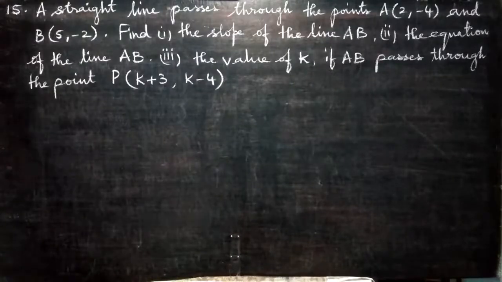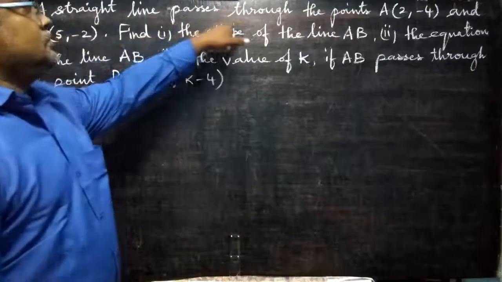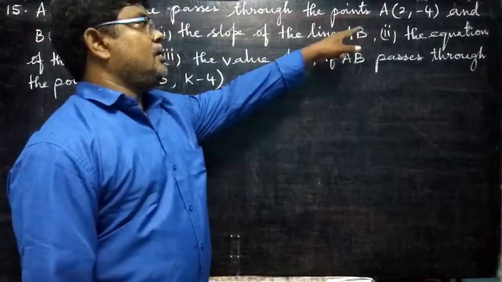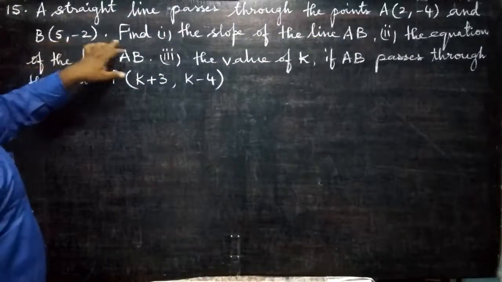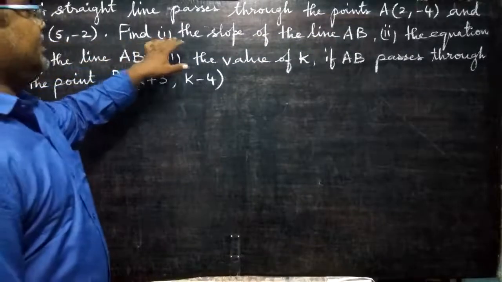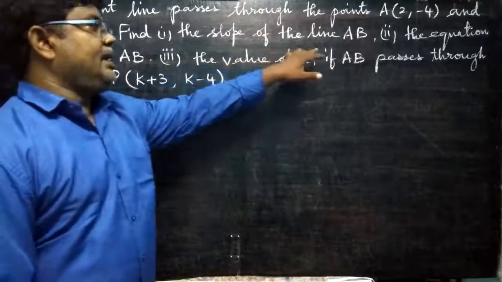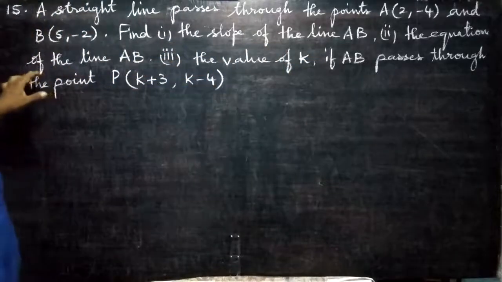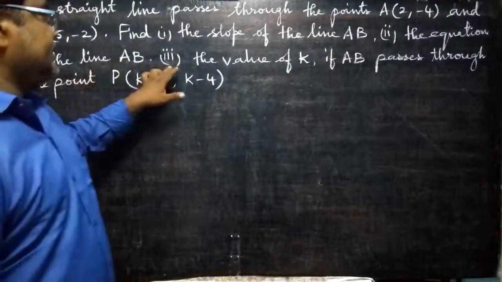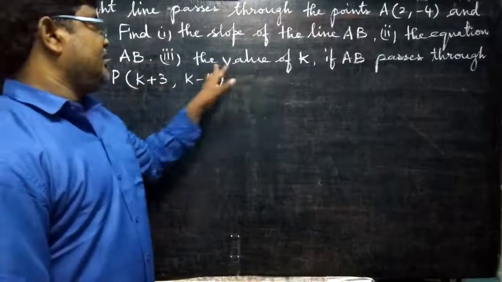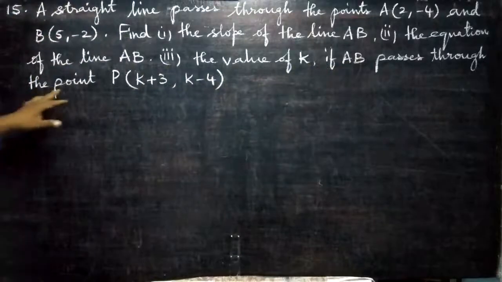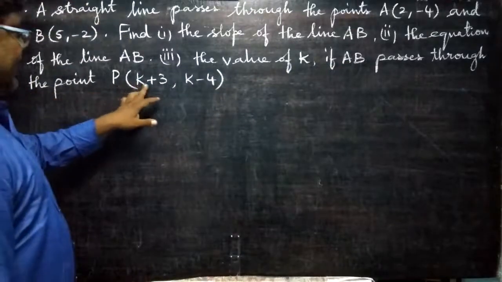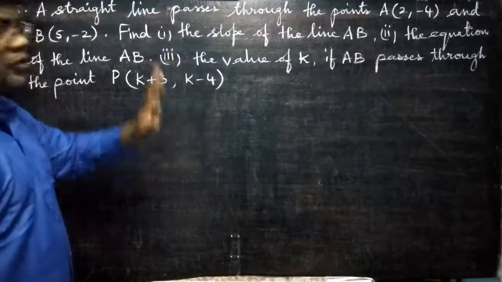15th problem. A straight line passes through the points A (2, -4) and B (5, -2). Find first bit the slope of the line AB, second bit the equation of the line AB, third bit the value of K if AB passes through the point P (K plus 3, K minus 4).